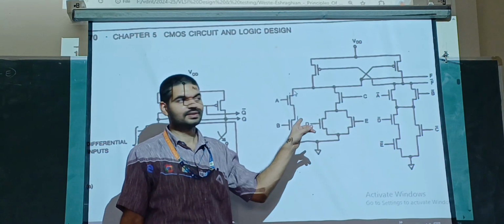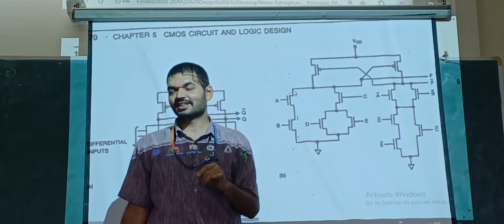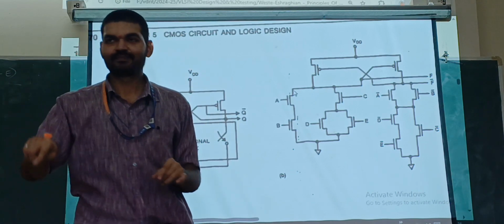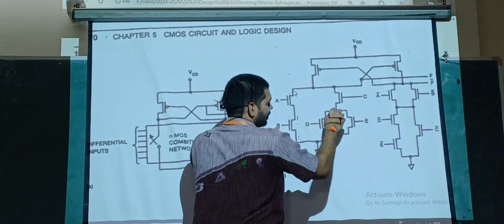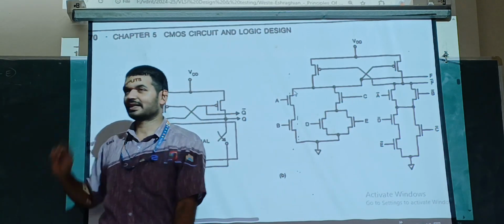Because it comes under CMOS logic, for CMOS logic the whole bar is compulsory. That is our F. So F is AB plus C into D plus E whole bar. So we got the correct answer.